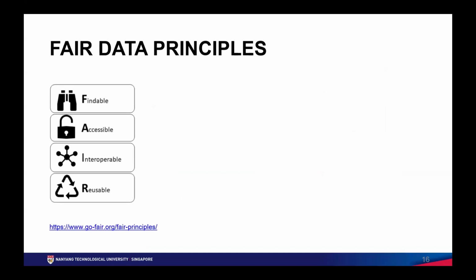Now, when we talk about open research, it doesn't just mean making your research paper open, but you can also choose to make your research data open as well. If you are making your research data open, it has to be based on these FAIR data principles. Firstly, your dataset should be findable by both humans and machines.